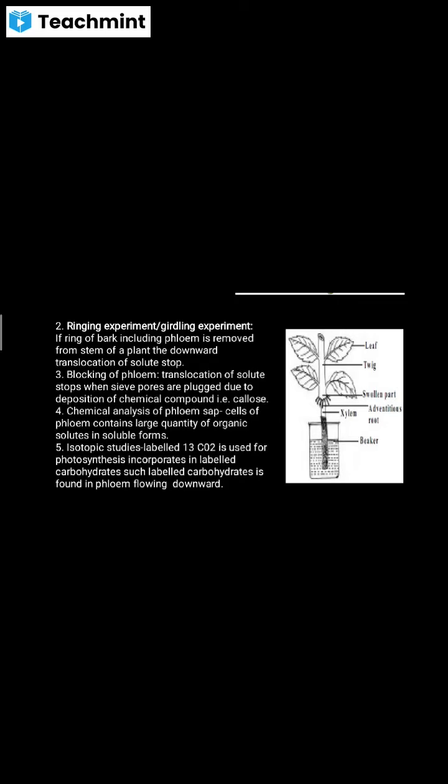In it, a labelled compound is inserted into the plant through the leaves. After photosynthesis, that compound is translocated only in the phloem cells. So with this experiment, they also concluded that the food material, that means the solute, is translocated only by the phloem.